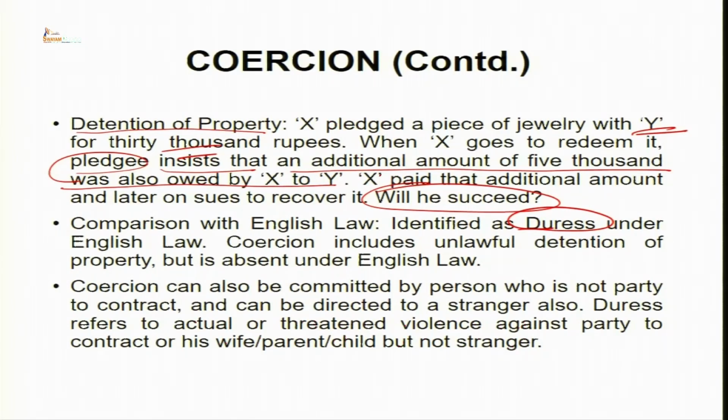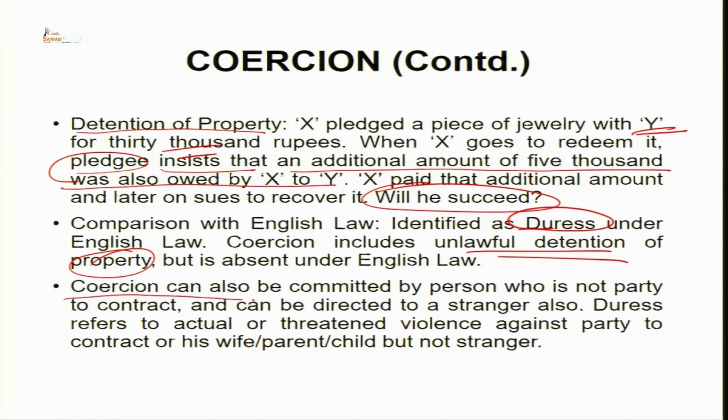Coercion includes unlawful detention of property also. Remember, threatening to commit an offence under the IPC, or unlawfully detaining or threatening to detain any property. So the second part of Section 15 emphasizes unlawful detention of property, and the first point of difference is that under English law unlawful detention of property is not covered under duress.